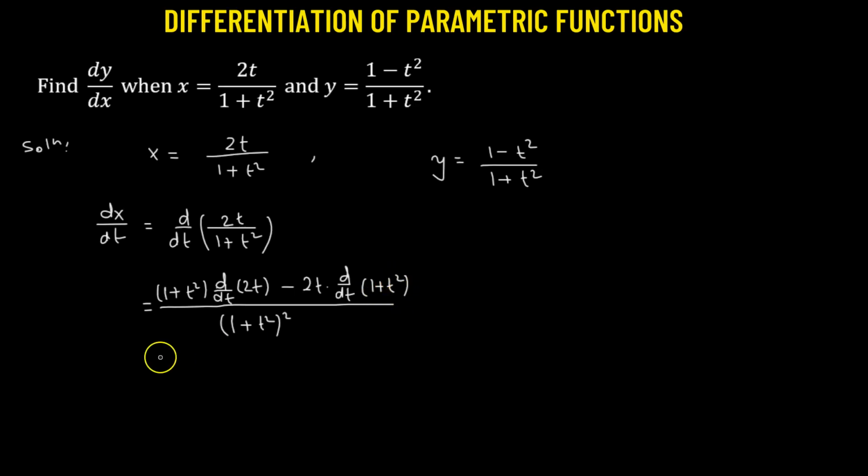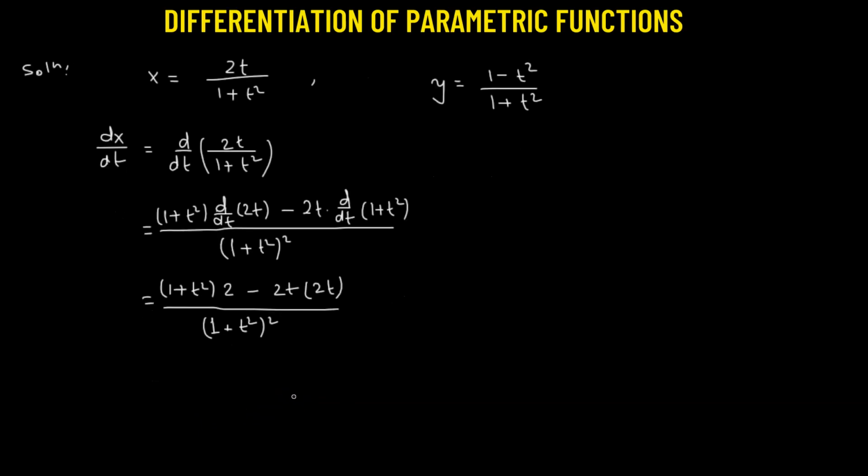t of the numerator, that's 2t, minus the numerator 2t multiplied by the derivative with respect to t of 1 plus t squared. So this gives us 1 plus t squared multiplied by the derivative of 2t with respect to t, which is simply 2, minus 2t times the derivative of 1 plus t squared, which is 2t because the derivative of 1 is 0, divided by 1 plus t squared whole squared.